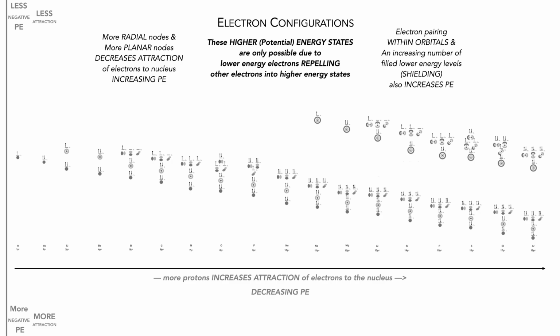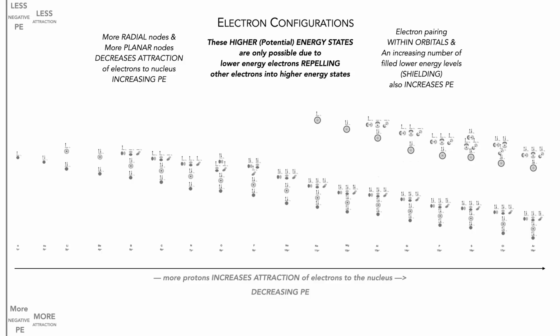And here you have a more dynamic diagram that I've made to illustrate this, because if we just simply compare 1s in hydrogen compared to 1s in helium compared to 1s in lithium, the attraction due to greater number of protons becomes stronger and stronger and stronger. But of course, that means then we can attract more electrons.